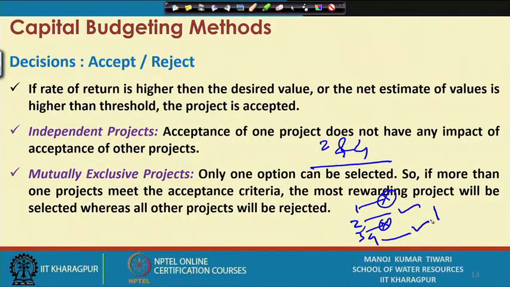So if I see that 4 is better rewarding than 2, I will select 4 and 2 will be dropped. That kind of analysis can be done under the mutually exclusive projects class, and the outcome here would be just the selection of one project.